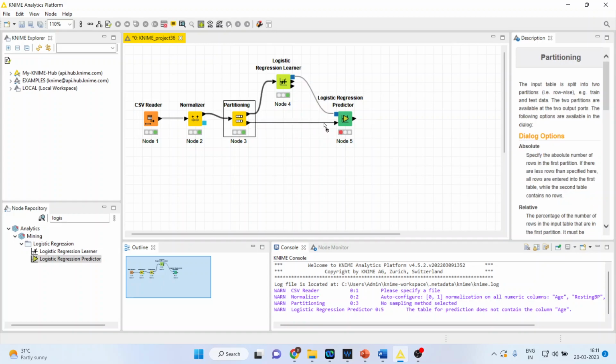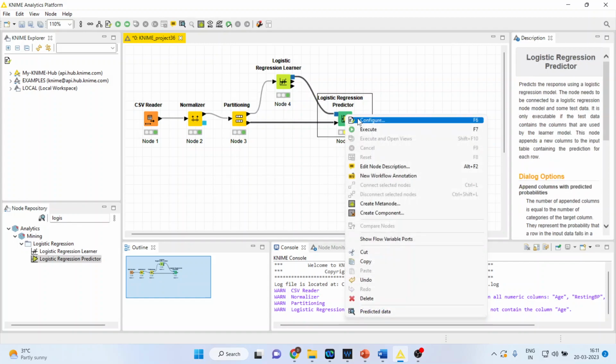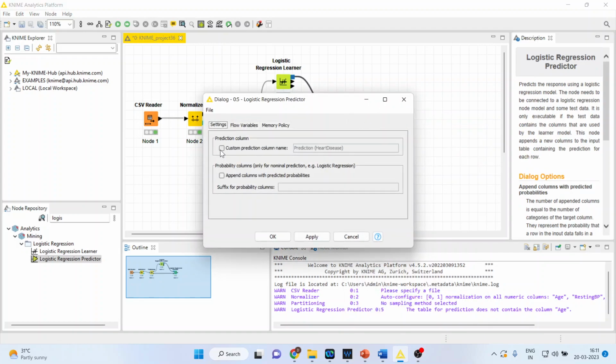I am connecting it to the predictor, and I want to see whether it is able to predict the observations properly or not. Right click on it and configure. Click on custom prediction column and append columns with the predicted probabilities.